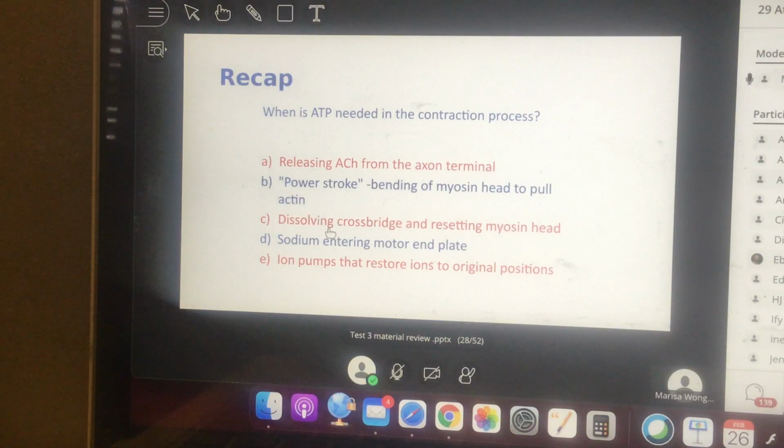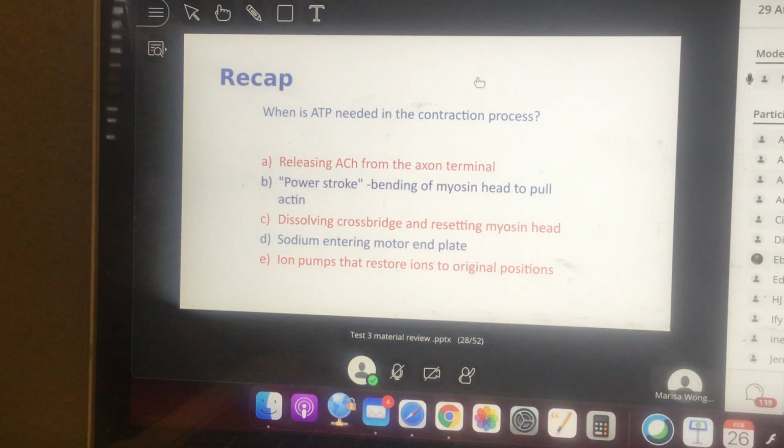ATP binding to myosin is what causes it to let go of actin. And then ATP getting hydrolyzed, which is where you're actually transferring the energy to myosin, that's what requires energy, okay? Resetting the myosin head.